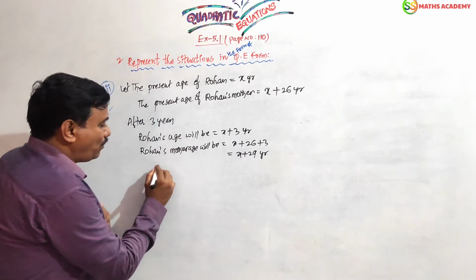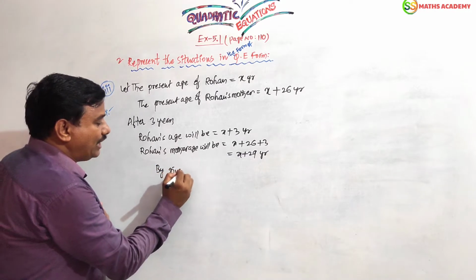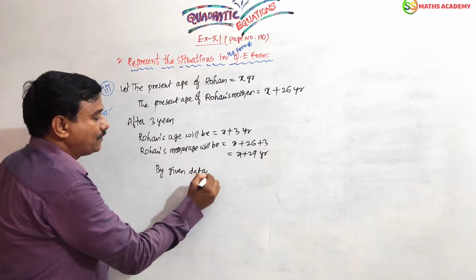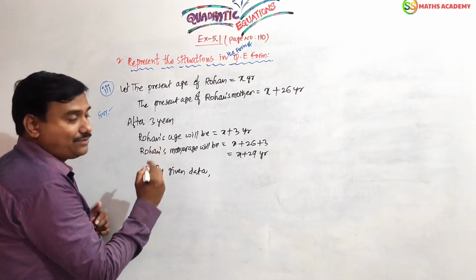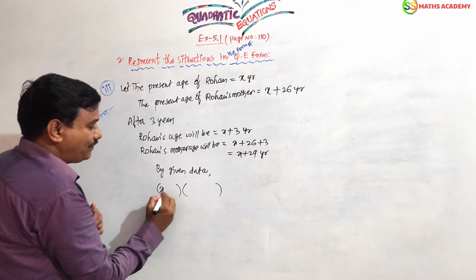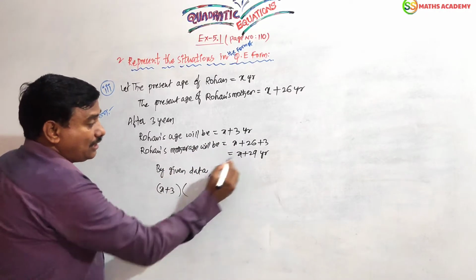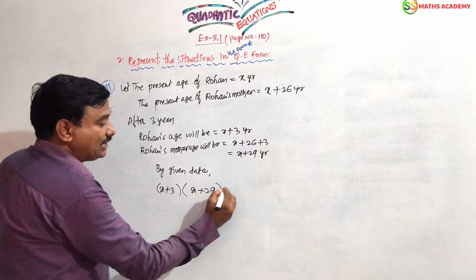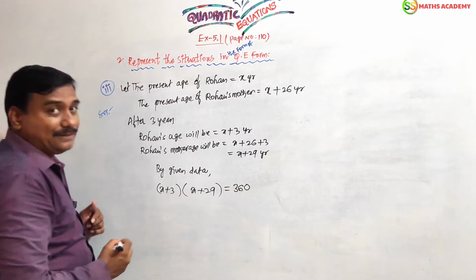Remember. Now by given data, the product of their ages will be 360. What is more? Rohan after 3 years: x plus 3. Mother: x plus 29. Their ages product will be 360.